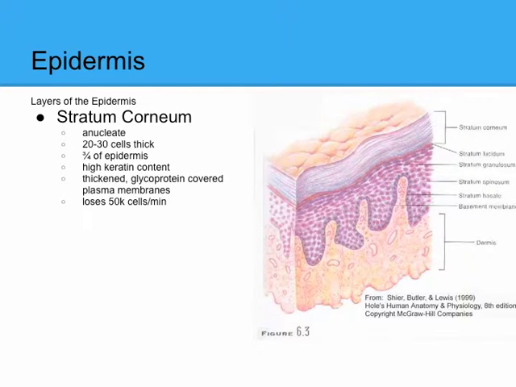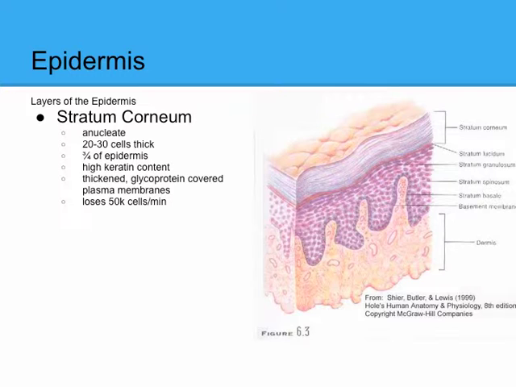Okay, now we made it to the most superficial layer of the epidermis, which is called the stratum corneum. Cells here are anucleate, meaning that their nucleus is completely disintegrated. So the nucleus started disintegrating in the stratum granulosum. Now it is completely disintegrated. It's gone.